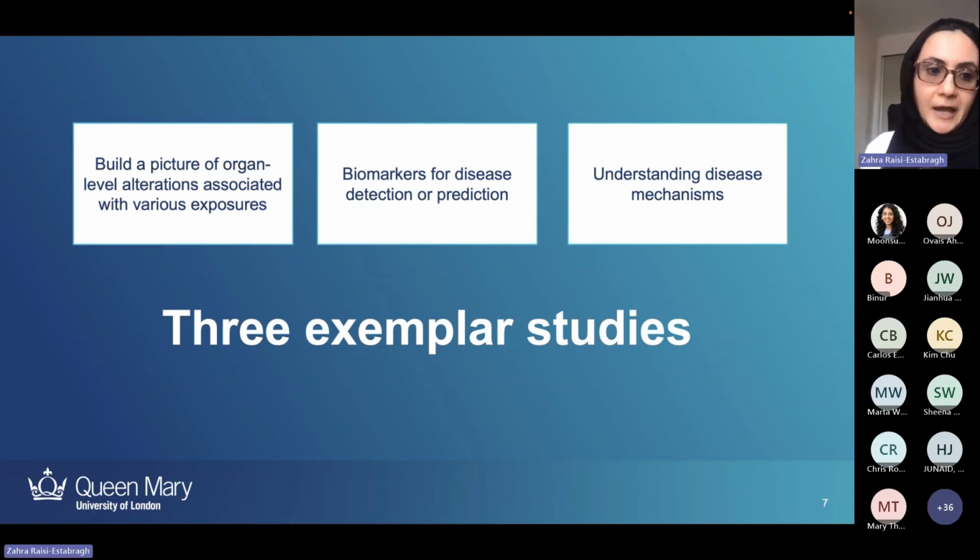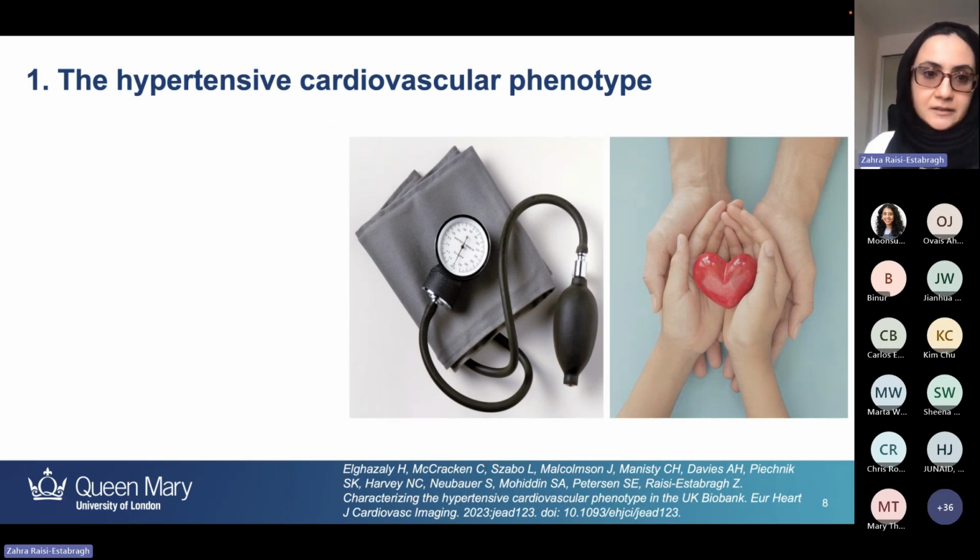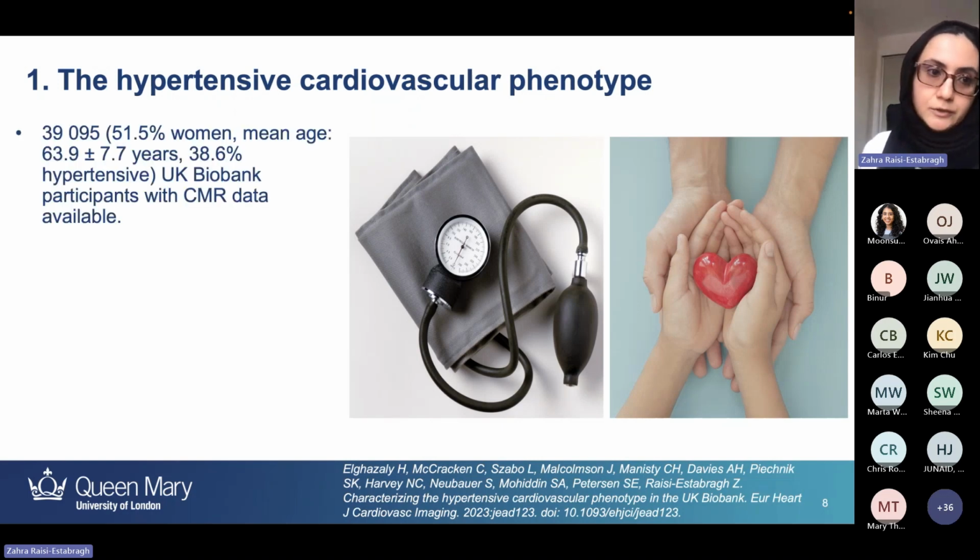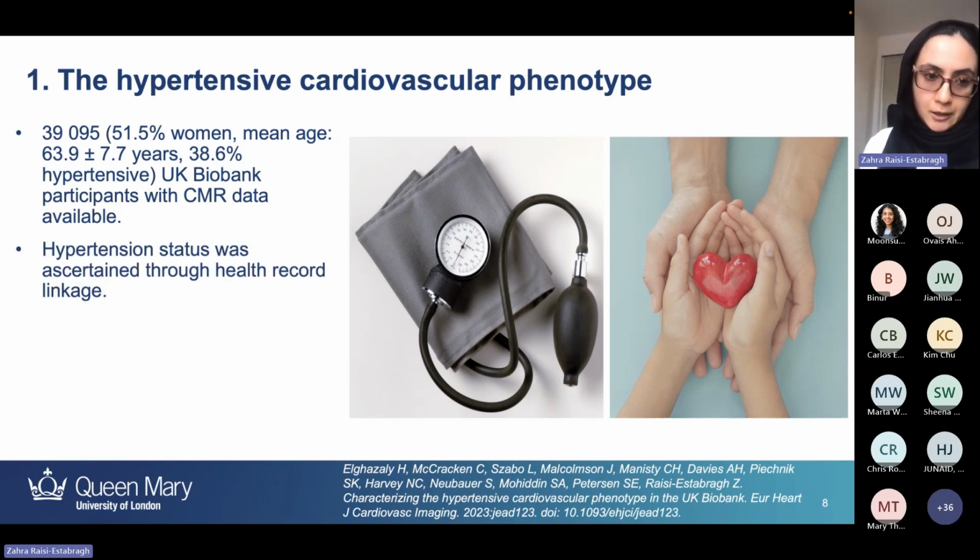So firstly, how can we use the imaging data to build a picture of organ level alterations? This is a recent study that we did in our group, which was focused on better understanding the cardiovascular phenotype of individuals who have a diagnosis of hypertension. For this study, we used just over 39,000 participants from the UK Biobank who had CMR data available.